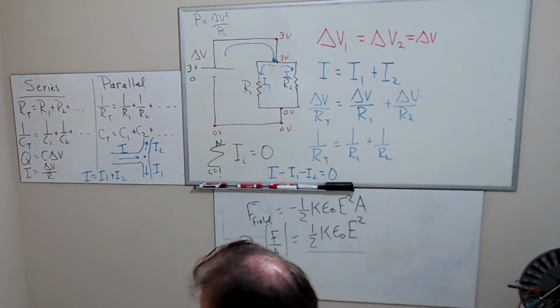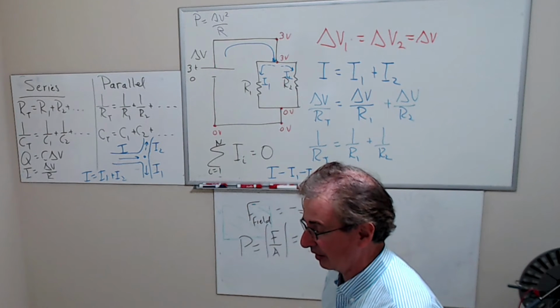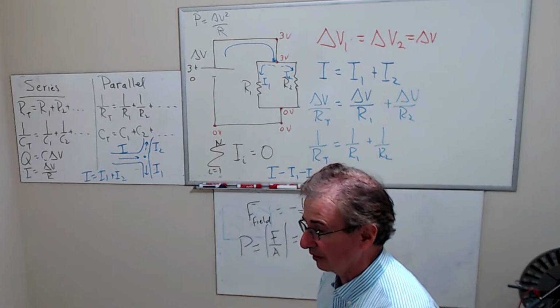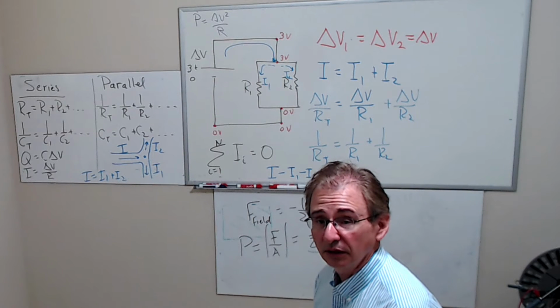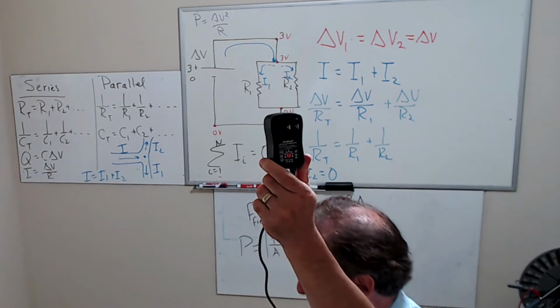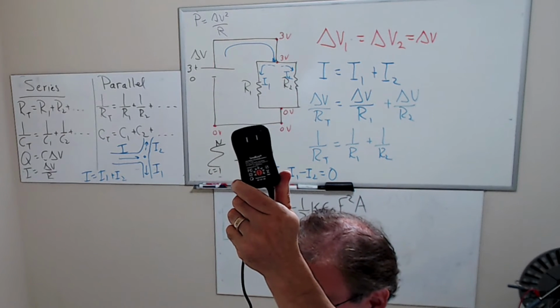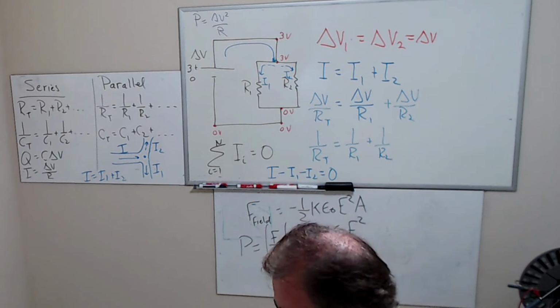So you're only going to be able to get 6 data points for each part of the lab, for parts 2 and 3, because you can only vary this 6 times between 3 and 12 volts.